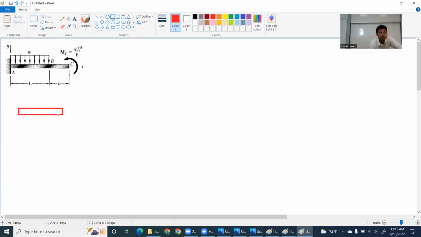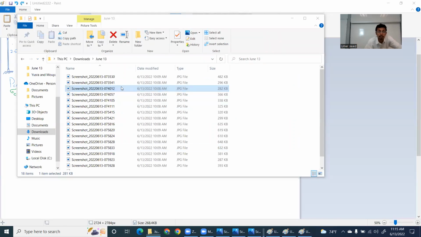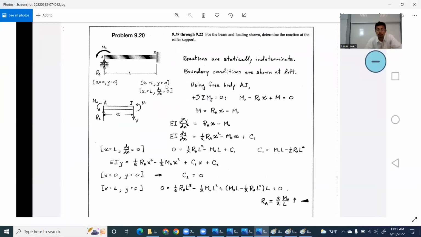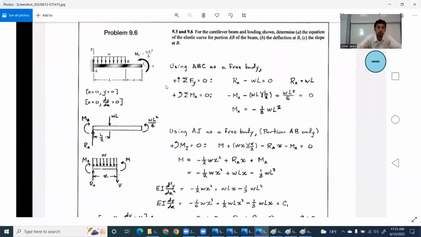First thing first, I have this little free body diagram. Why don't I play a little smartly, make my life easy? I really want to do this quickly now.